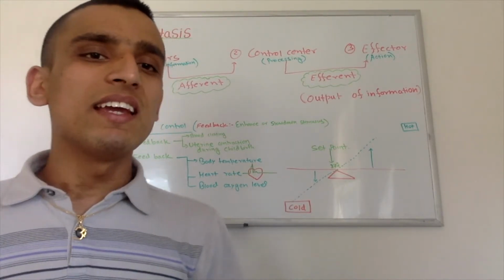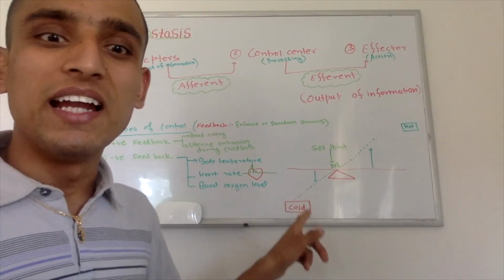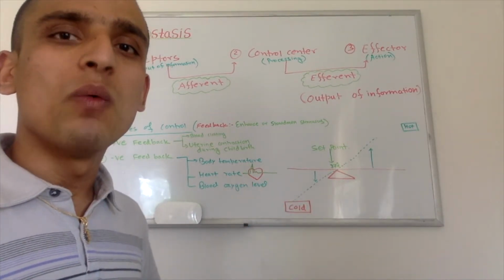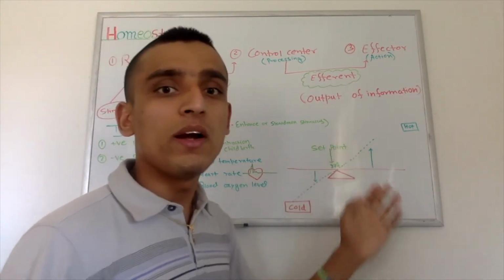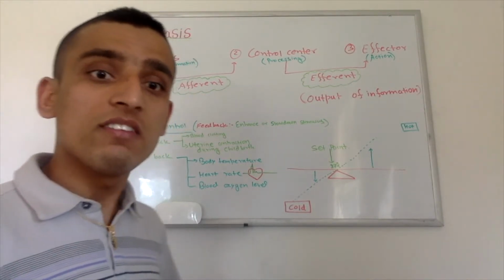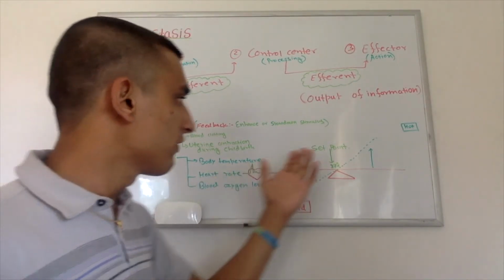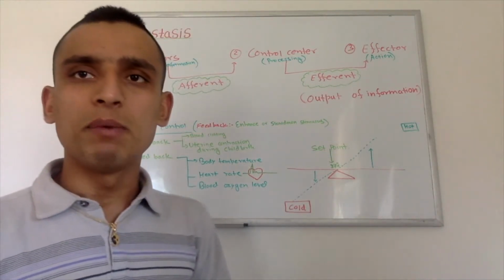As you see in the chart here, I show you the heart rate too. It is important to understand why the heart rate should be at its set point, which is 72 beats per minute. That is the set point for heart rate, which is controlled by negative feedback.